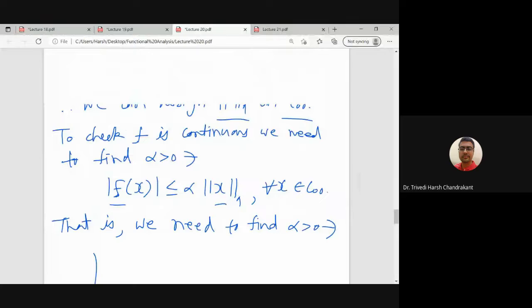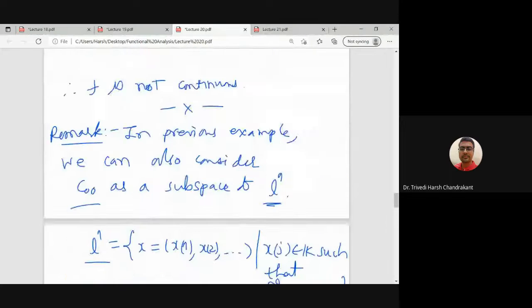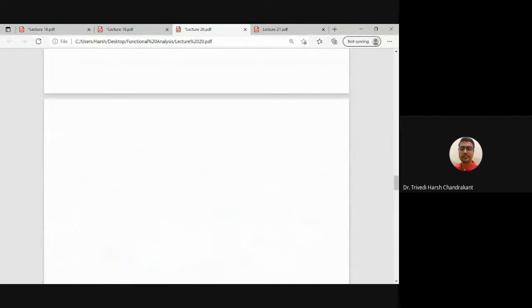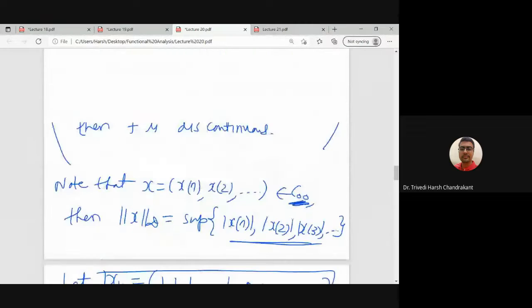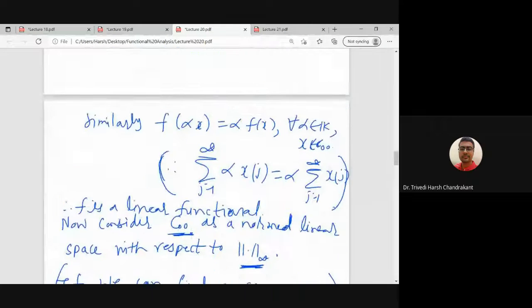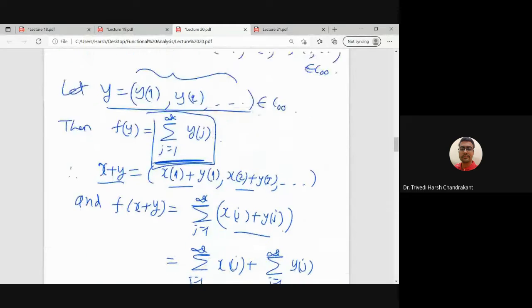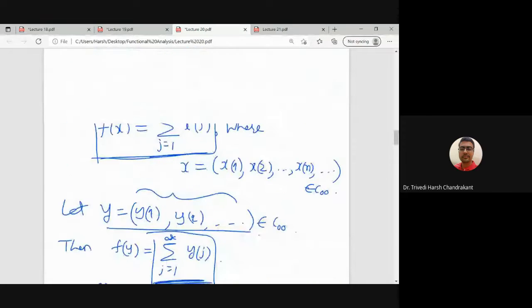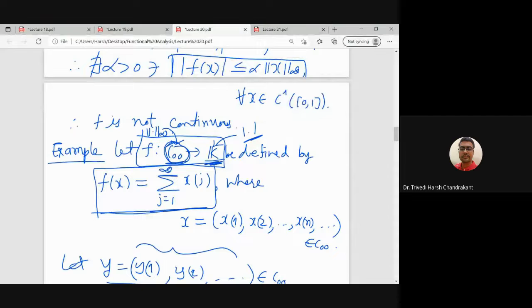So what is f(x)? If we take x equals x1, x2, ..., xn, then f(x) is the sum of the coordinates. It is our linear function. A linear transformation we are taking, it is a sum of the coordinates.